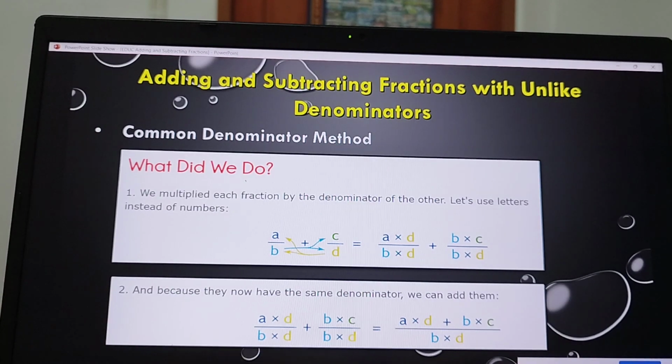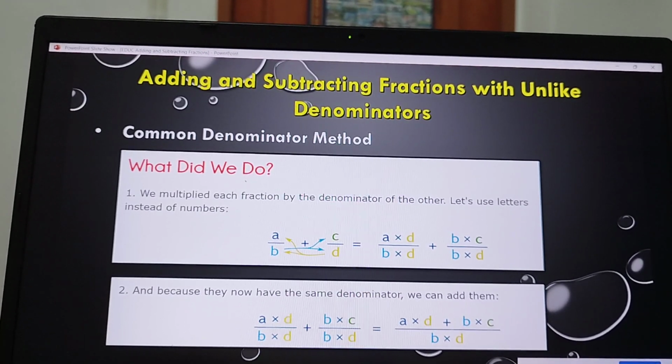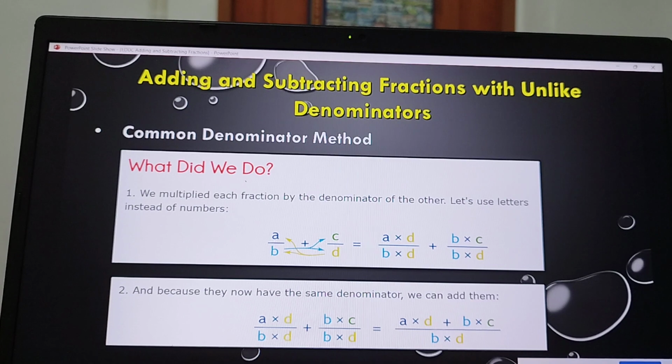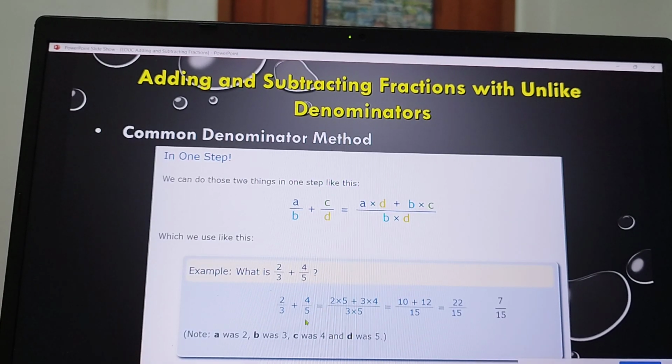So these are the steps again. Just multiply the numerator and the denominator by the other denominator. Or you can use this method only, just cross multiply. It's very simple, cross multiply. 2 times 5, 4 times 3, then multiply the denominators for your denominator.